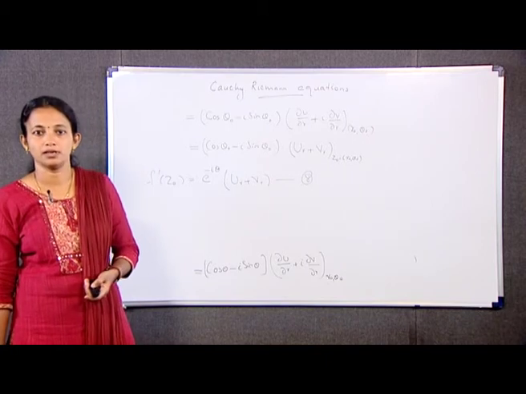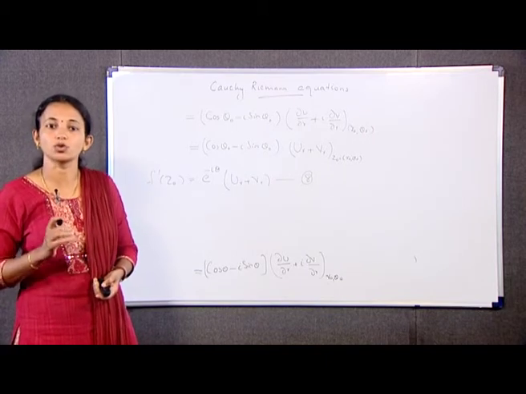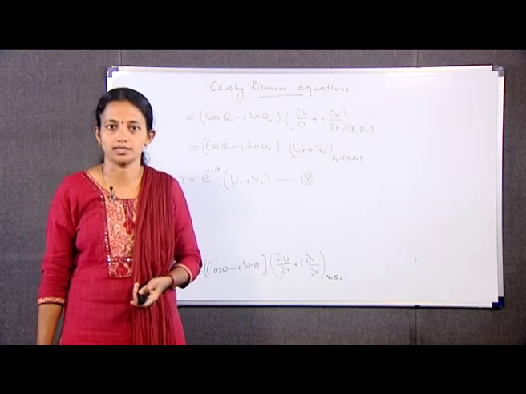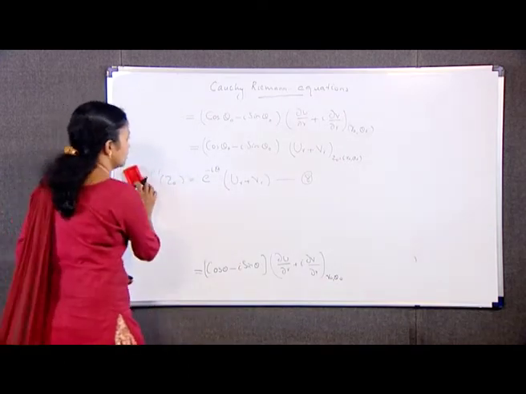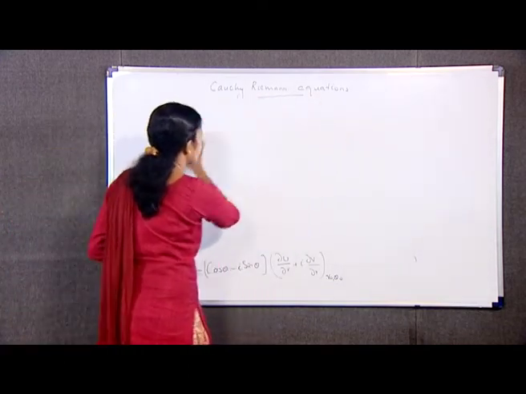Next we have an example that the function f z is equal to 1 by z in polar coordinates. Here f z is 1 by z.